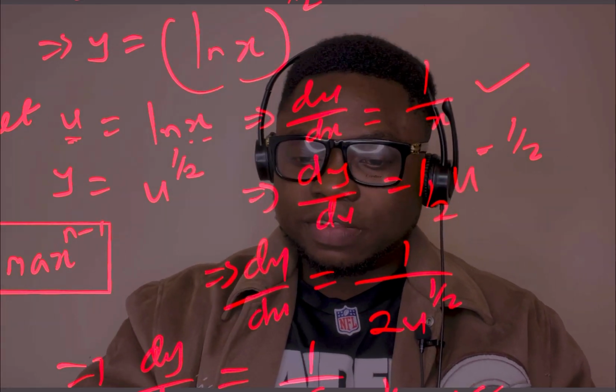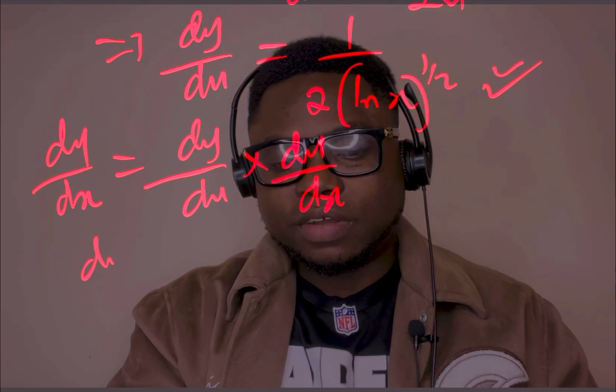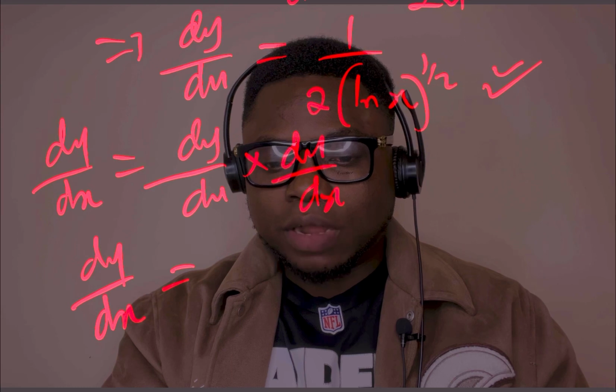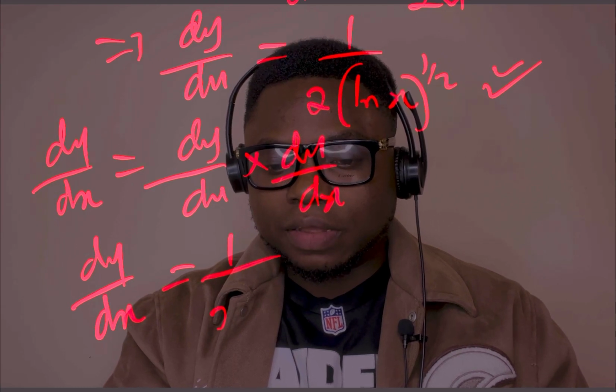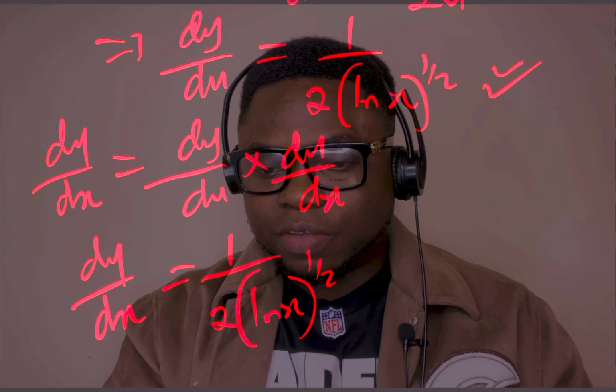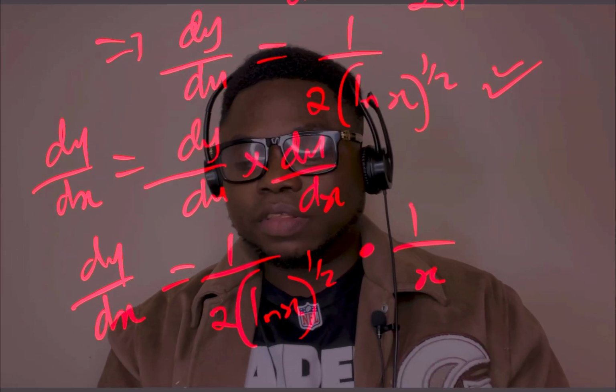So I'm going to write dy over dx is equal to 1 over 2 brackets ln x raised to the power of half multiplied by 1 over x. That is what it is.